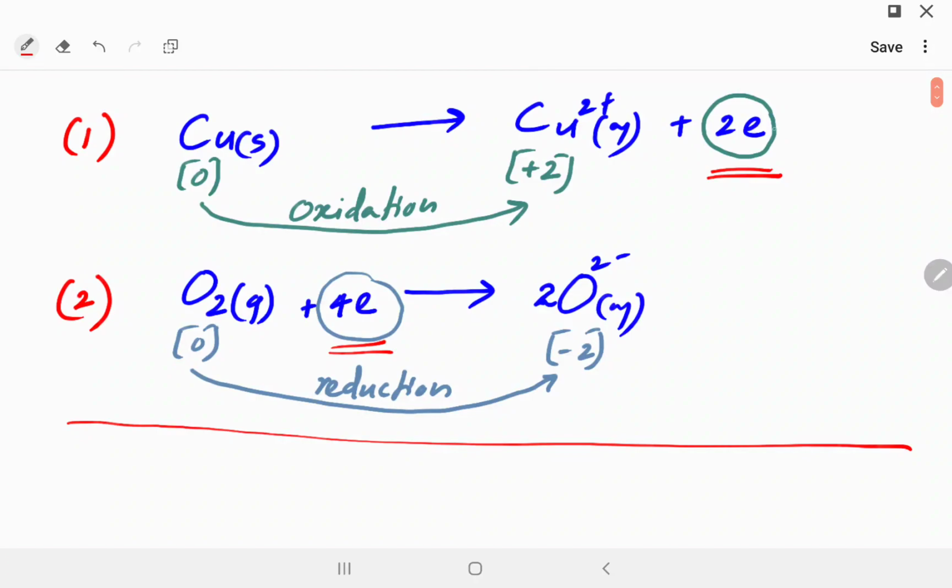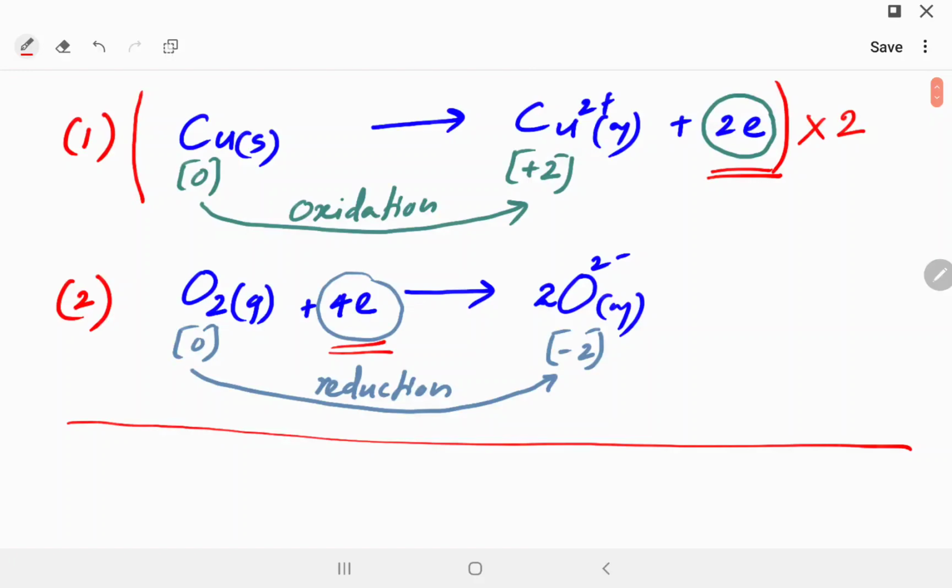So which means you have to make sure that the electrons are balanced. So in order to balance 4 electrons to 2 electrons, you have to multiply the first half reaction by 2. First half reaction by 2, which means you are multiplying everything that you have in the first half reaction by 2.